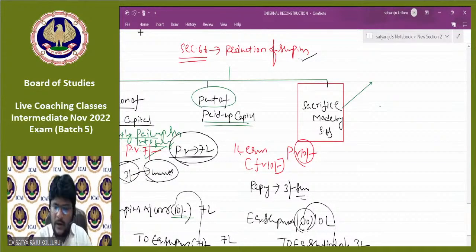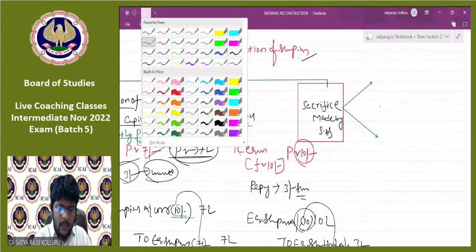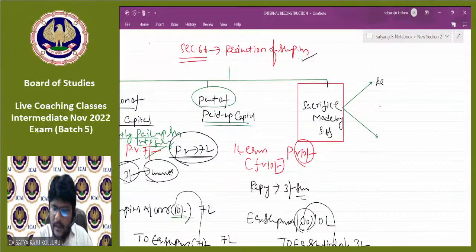One, we can call it reduction in paid up value, but not in face value.